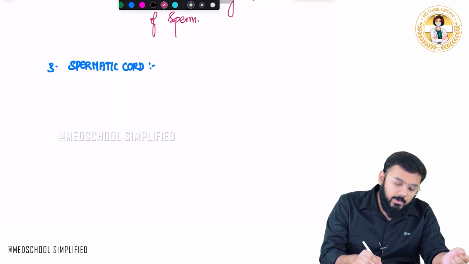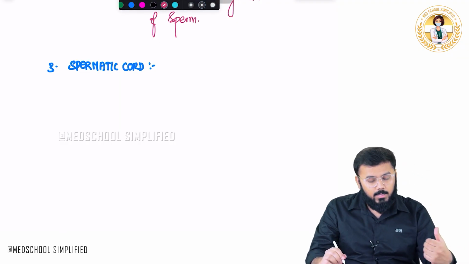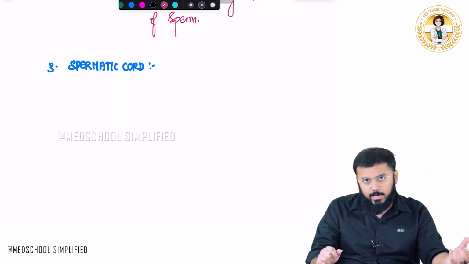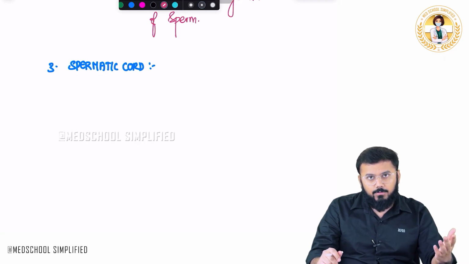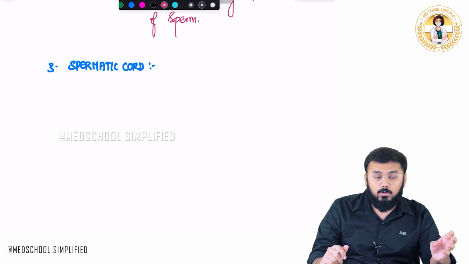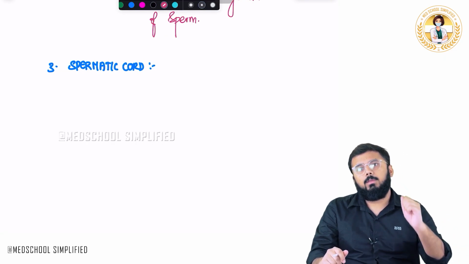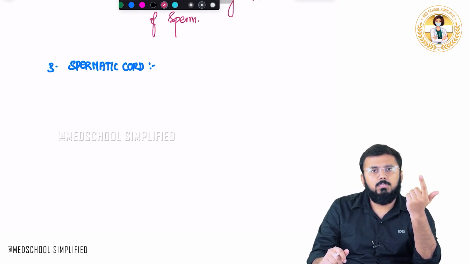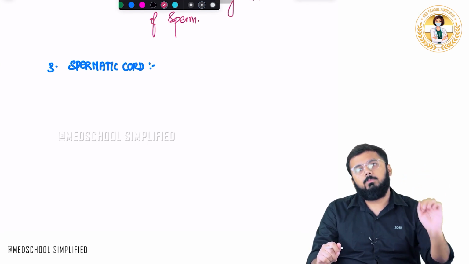Now, regarding this spermatic cord, what is the spermatic cord actually? A collection of nerves, muscles, arteries, veins, and not only them, even ducts. Arteries, veins, nerves, ducts, muscles, all of them together, you call it a spermatic cord.